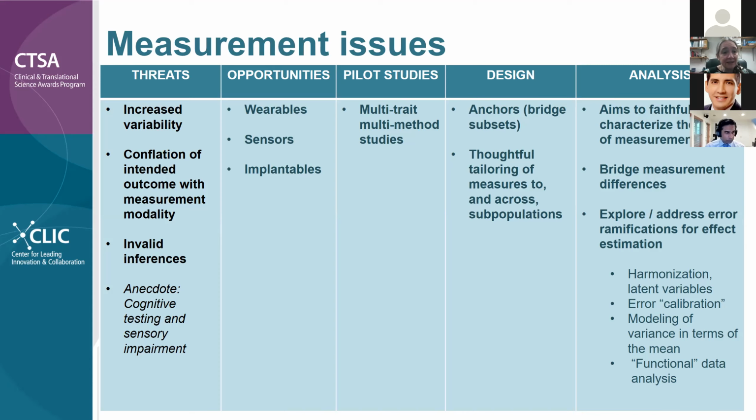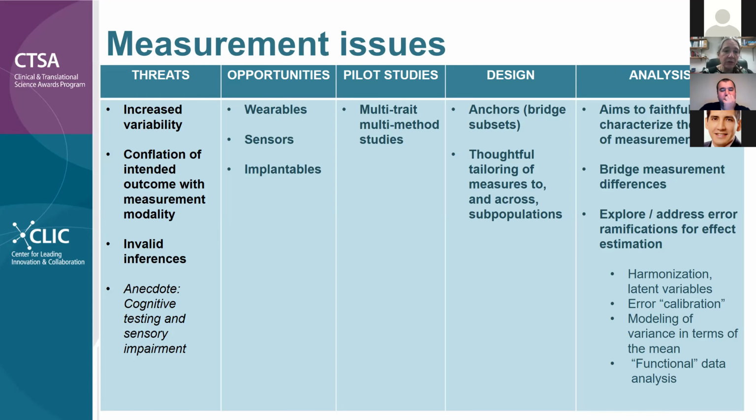There are more serious threats, such as conflating the intended outcome with the measurement modality. When there is differential measurement, we have an example where it appears that systematically different racial groups differentially interpret questions on exhaustion. If this is true, you wouldn't be able to tell whether there's a racial difference in the prevalence of exhaustion in older adults, or it's just that the measurements differ.